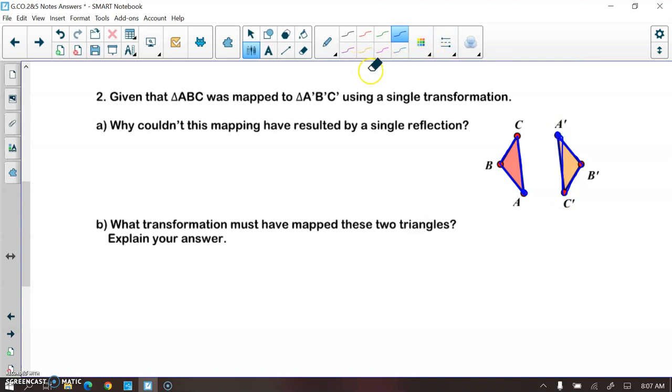Since they are in the same order, what that means is that the orientation is the same between the pre-image and the image, which we know in a reflection that the orientation is not the same.